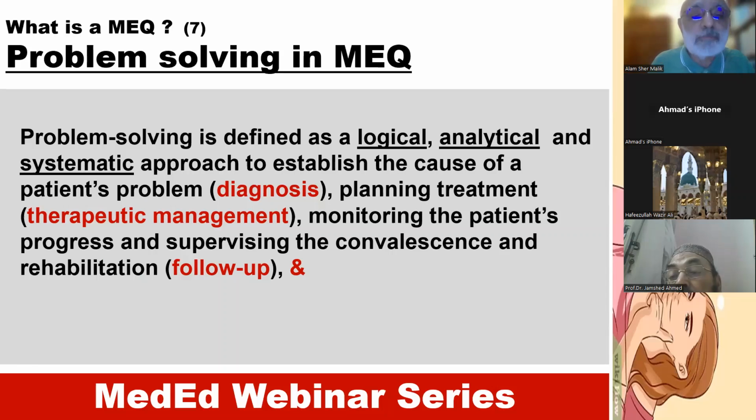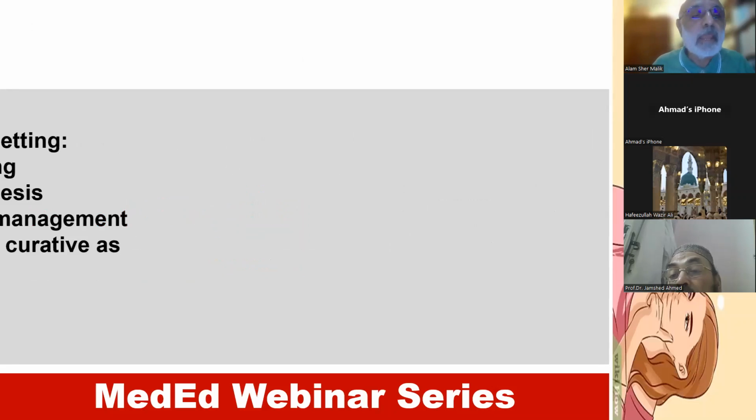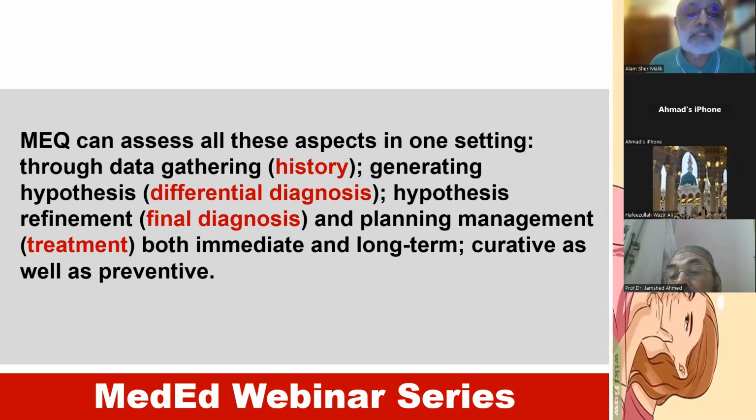So the problem-solving exercise would involve all these stages of patient management, and MEQ can assess all these aspects in one setting through data gathering, that is the history taking, generating hypothesis, differential diagnosis, hypothesis refinement, final diagnosis, and planning management, that is the treatment, both immediate and long-term, both curative as well as preventive.